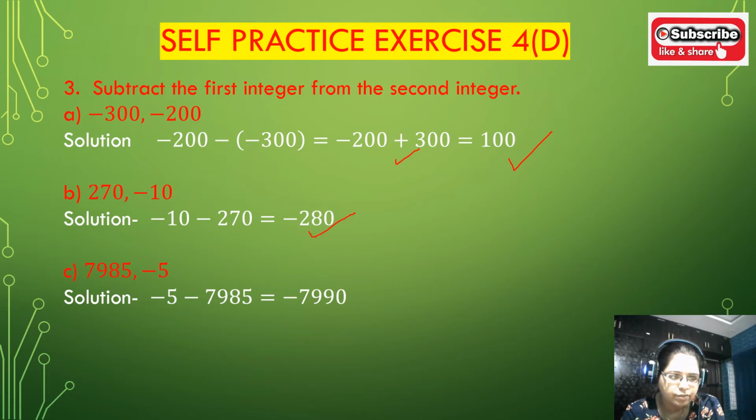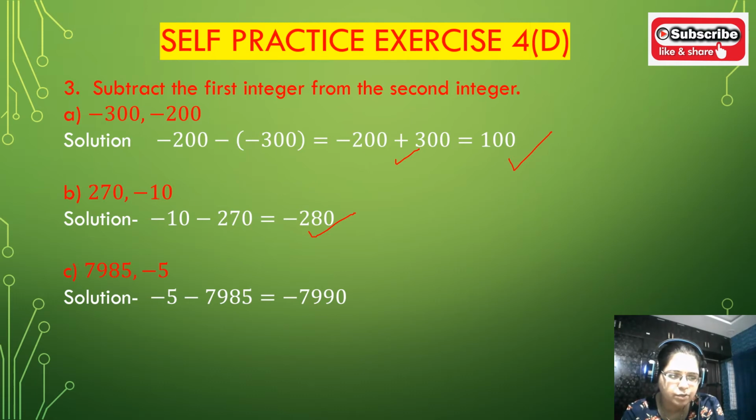Third bit C. 7985 is the first integer and minus 5 is the second integer. Subtract the first integer 7985 from the second integer minus 5. So minus 5 minus of 7985.